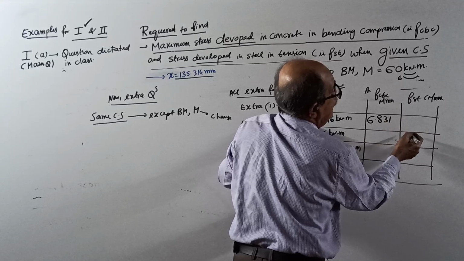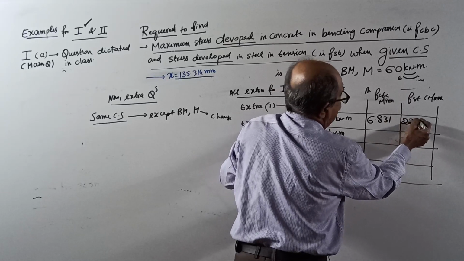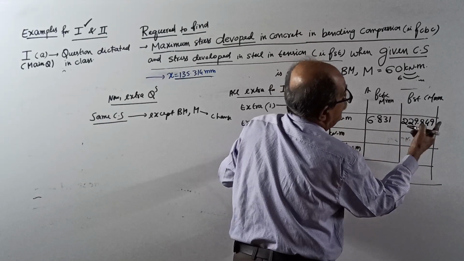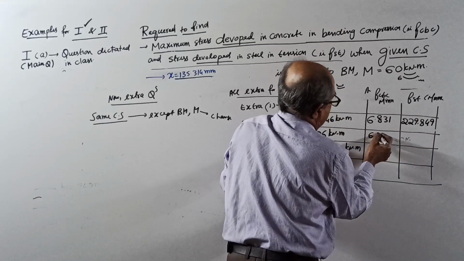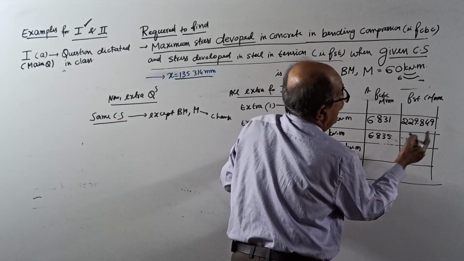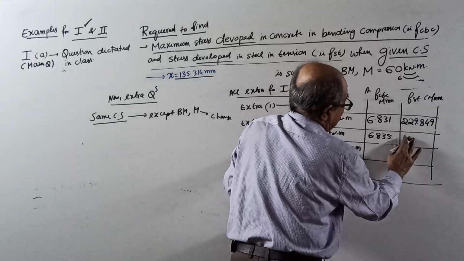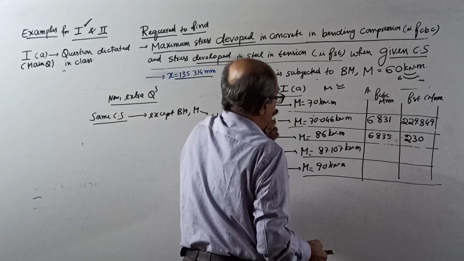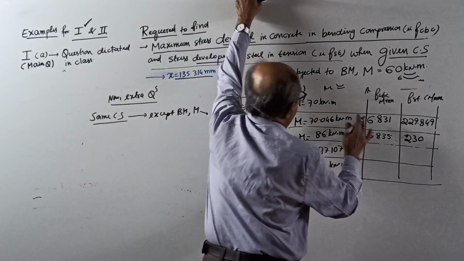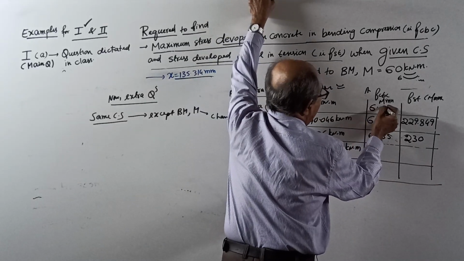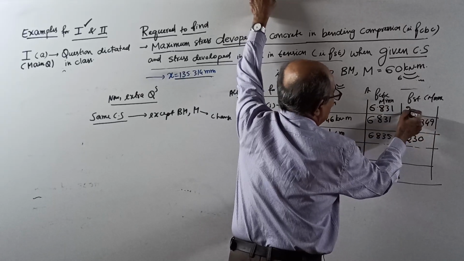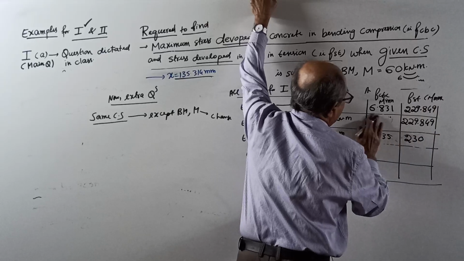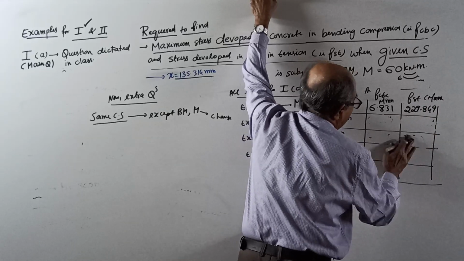For 70: 6.831 and 229.849. For 70.046: 6.835 and 230. Oh, sorry, it jumped. 6.831 and 229.849 is for 70; we would have been completely wrong if I had not observed it.